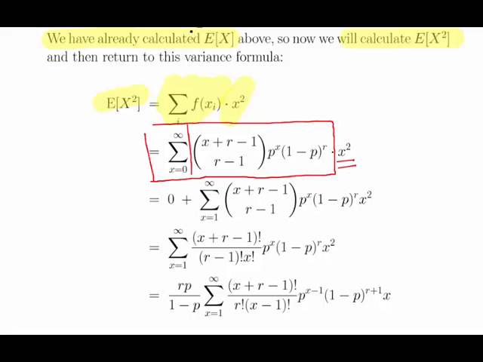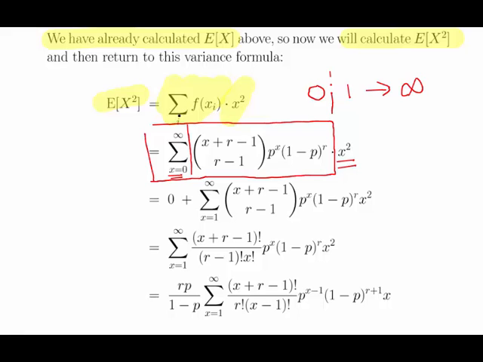Now, the support, which is to say each possible value of X, we're going to partition. It is actually 0 to infinity, but we're going to partition it into two parts, 0 and 1 to infinity, and have two different summations here.